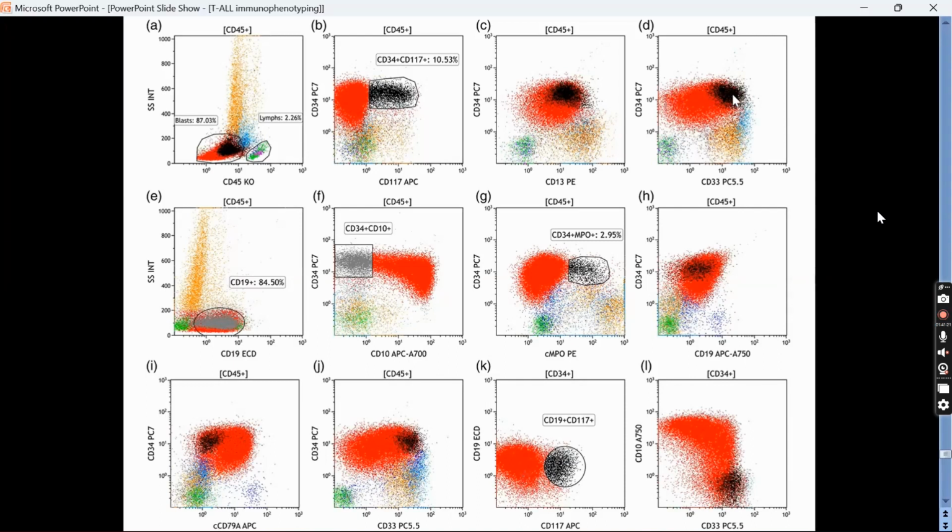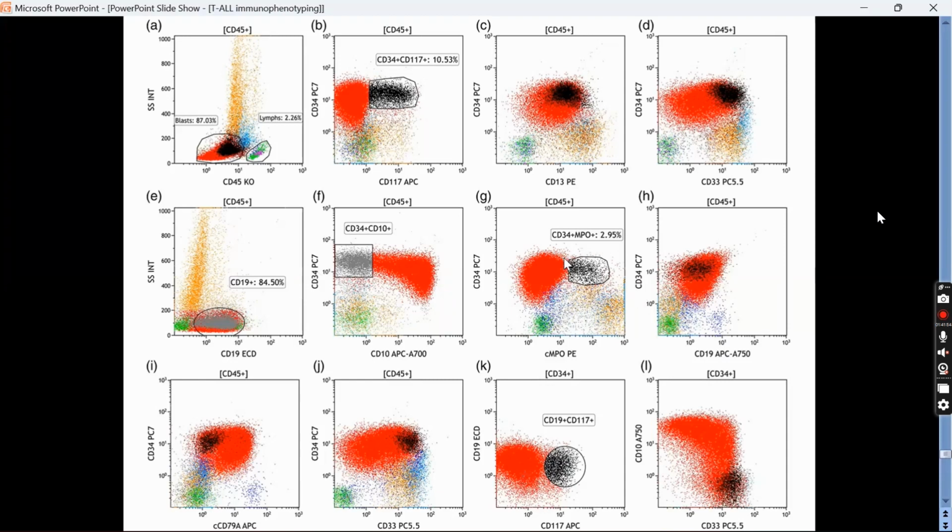Similarly, CD33 is expressed in a variable fashion. Of course, it is CD19 positive, moderate. It is CD10 positive, but in a variable fashion. So you have CD10 starting at the blast showing a good moderate positivity, and it extends till negative. So you have CD10 in variable fashion. CD19 is moderate. CD34 is positive.